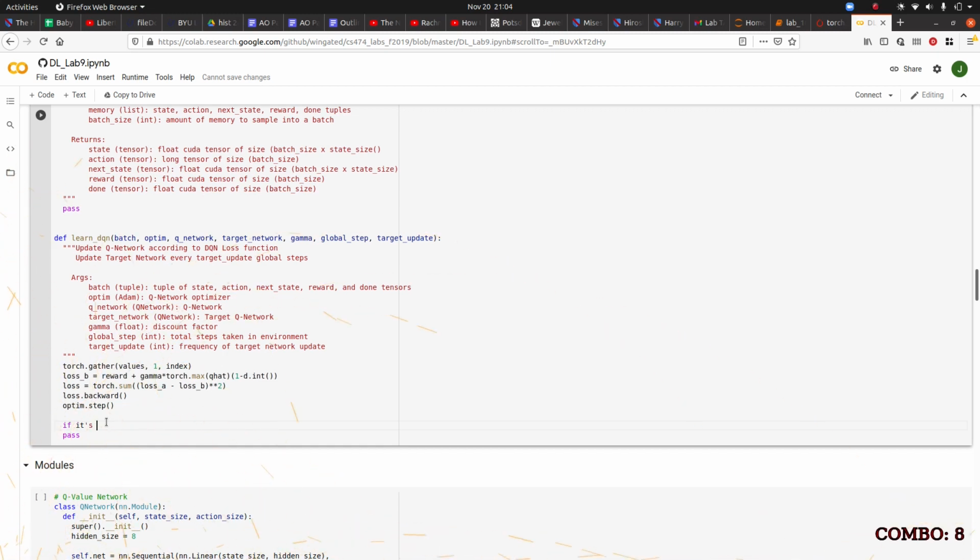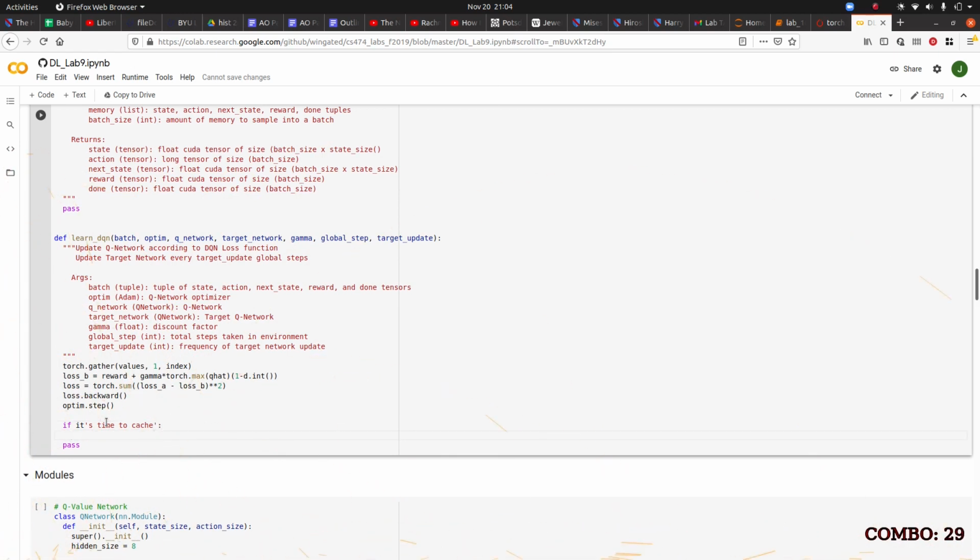If it's time to cache, then we're going to use the target network's load_state_dict.